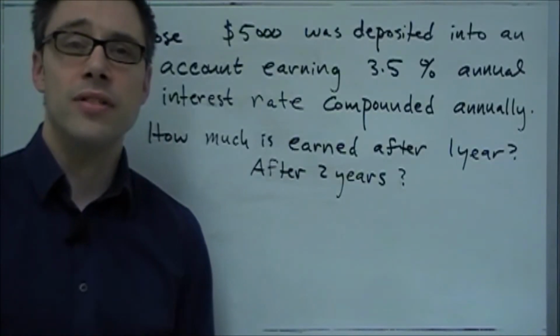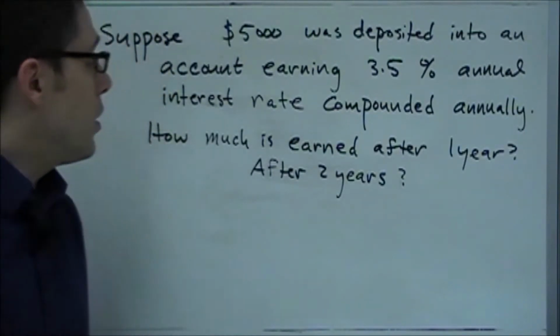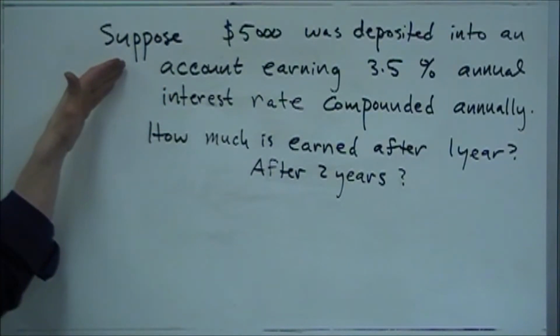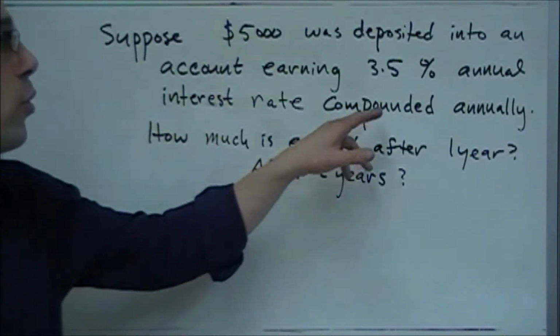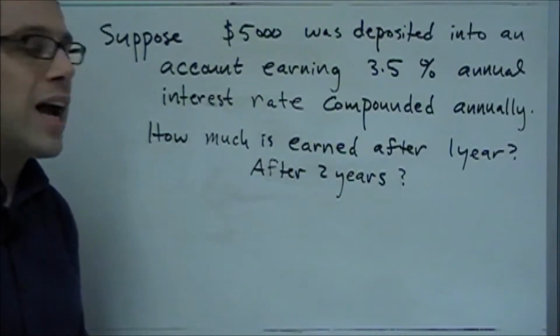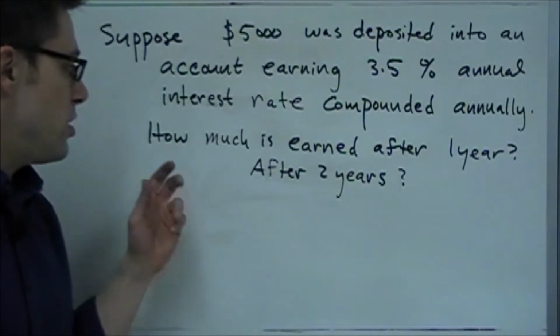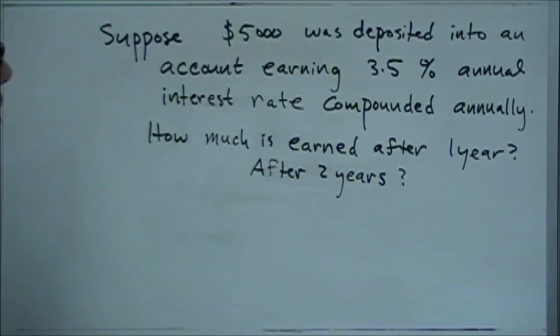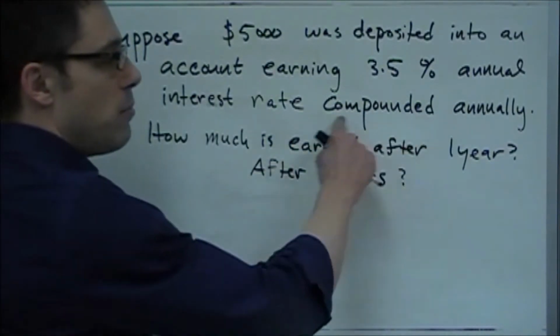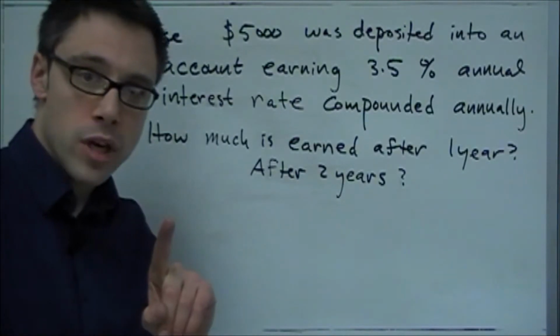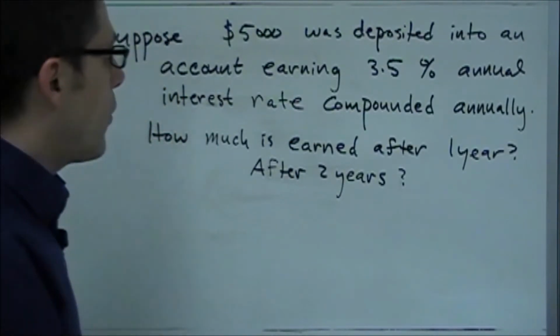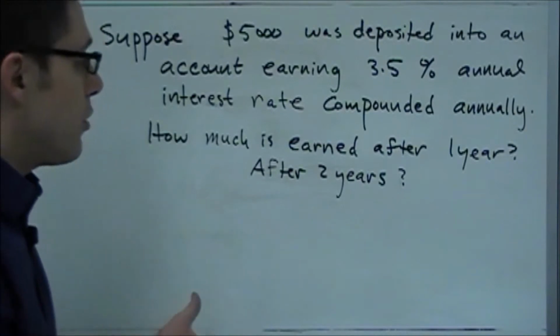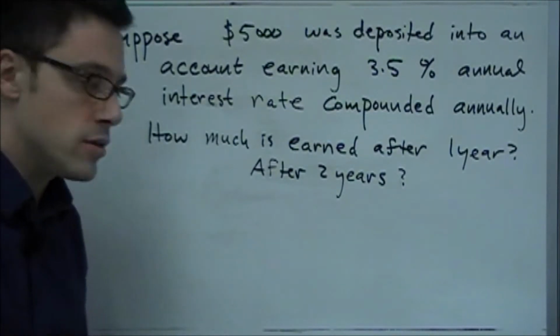So now let's do an application of compound interest. Suppose $5,000 was deposited into some account earning 3.5% annual interest rate compounded annually. The question is how much is earned after 1 year and after 2 years? Since it's compounded annually, which means once per year, n is 1, and we have an interest rate as well, so we know we're dealing with compound interest.